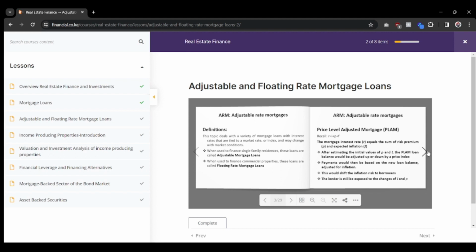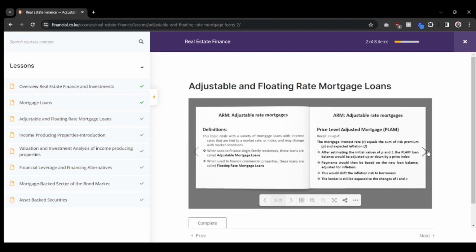After estimating the initial values for the real interest rate and the risk premium, the price level adjusted mortgage loan balance could be adjusted up or down by a price index.